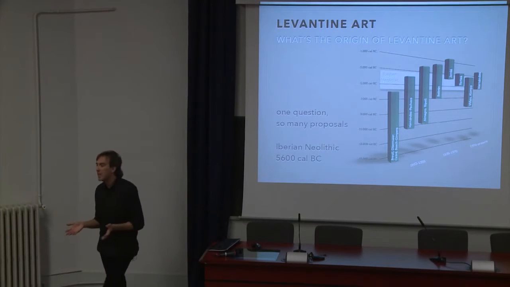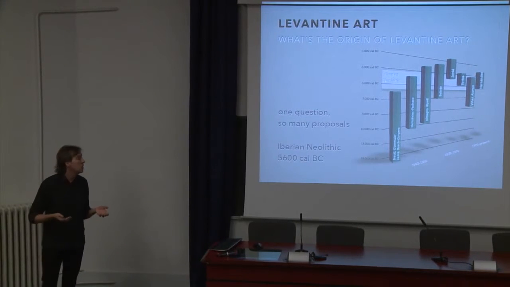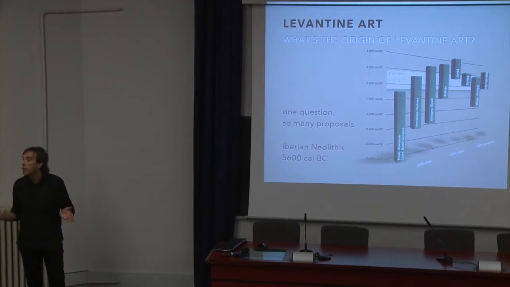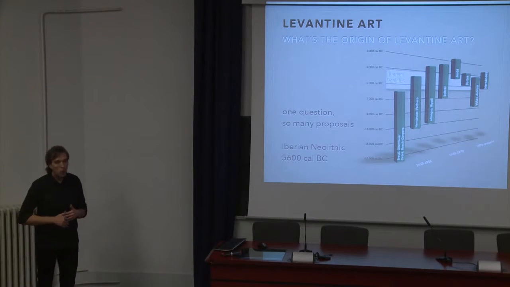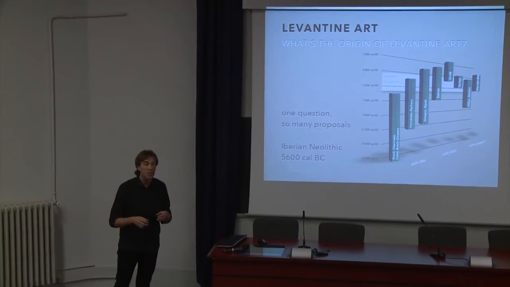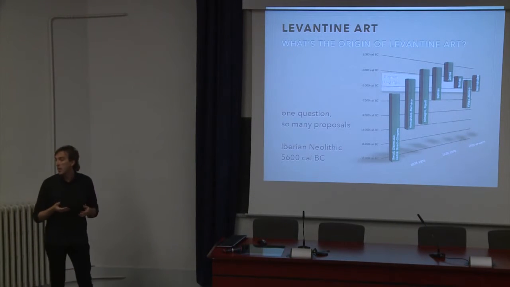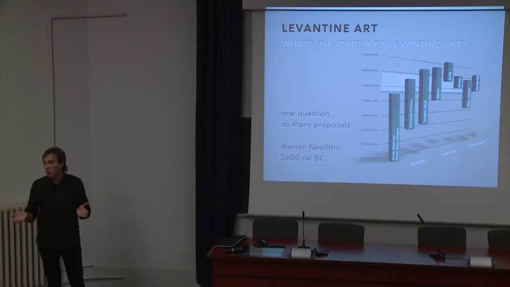But that's not the case for Levantine art. For 100 years, archaeologists have been producing different theories with a broad spectrum of possibilities, from Paleolithic to the Iron Age. And obviously, not all of them could be right.